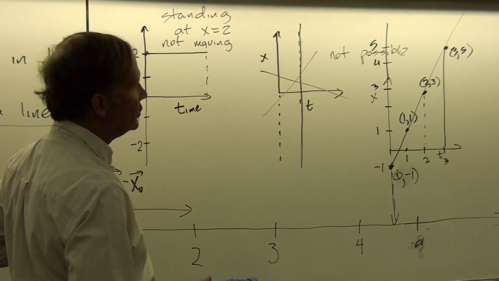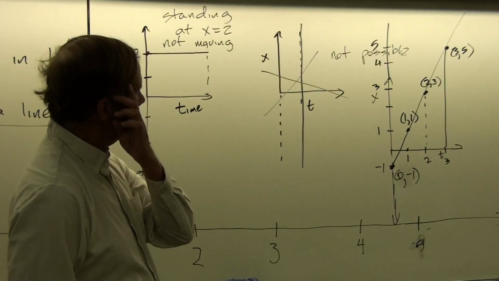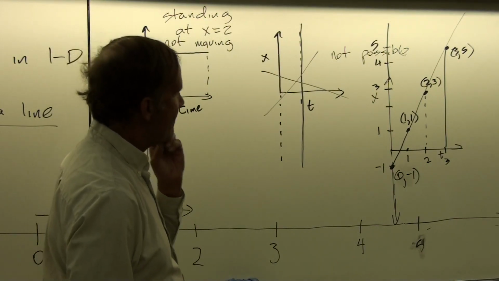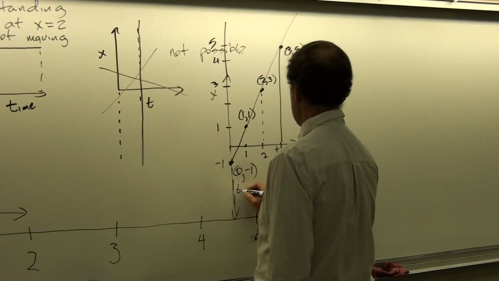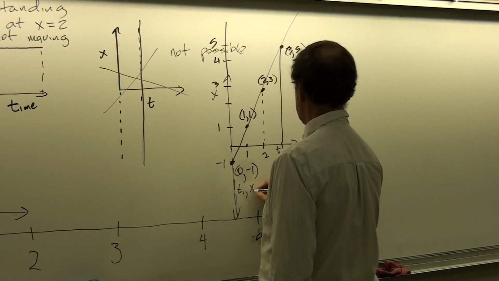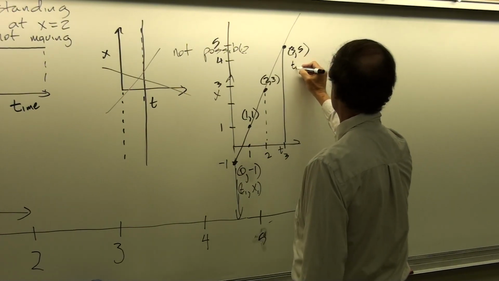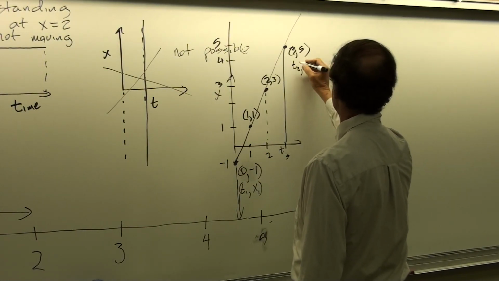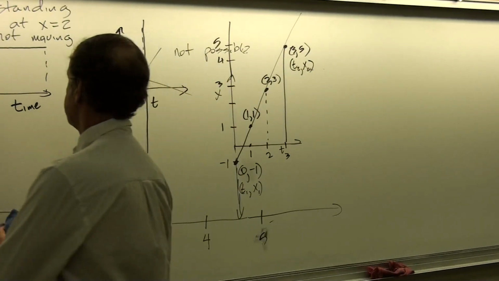My velocity should be 2 meters per second to the right. And so how can we verify that? Well, here we could call this T1 x1. We could call this T2 x2. And then we could calculate the slope.